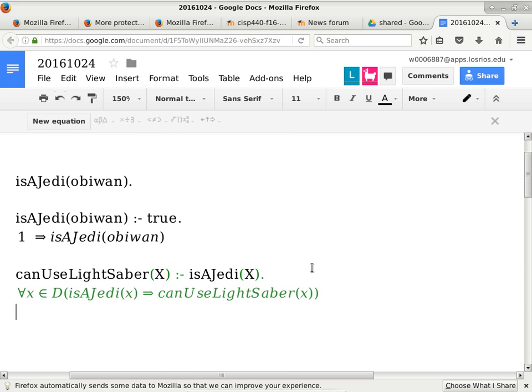So we can say in English, this is really saying the same thing as: if X is a Jedi, then X can use a lightsaber. Okay, so three forms. One is Prolog, the second one is in mathematical symbols, and then the third one is just stated in English.